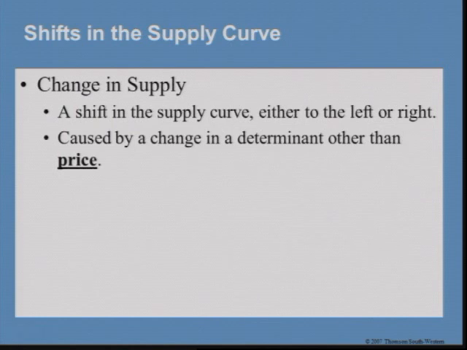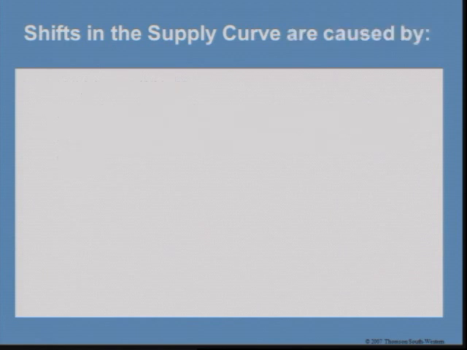But if a determinant changes, that means something other than price, it's going to shift the whole supply curve. And it can be caused by several things. Input prices. Think of this as ingredients or supplies that you need to make your product.